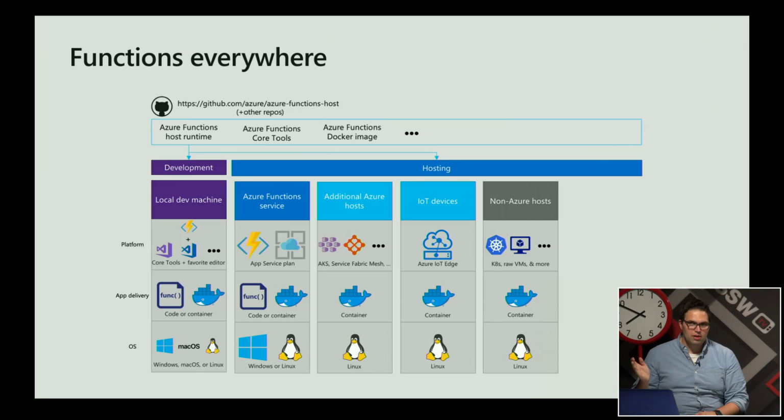We just wanted to enable it everywhere. So that's one of the big pivots that we're making as a team, so the functions experience is still great on Kubernetes, it's still great on IoT Edge, it's still great on premises, but I'm still dealing with that single app model.